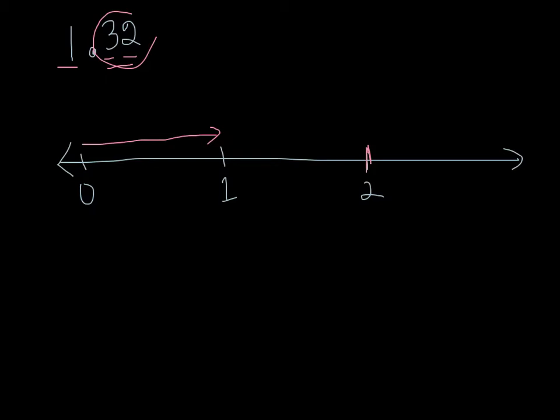And if I break the section between 1 and 2 into 100 pieces, because I've landed in the hundredths place, then I can find where 32 out of those 100 falls. So I'm going to break it into 100 pieces. I'm going to count by tens to make it easy. So we've got 10, 20, 30, 40, 50, 60, 70, 80, 90, 100.